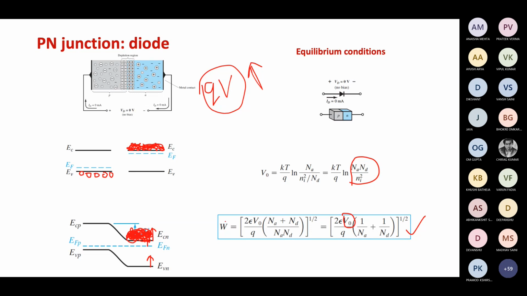In the reverse case, when this applied voltage is positive on N side, which is the reverse bias case, this potential energy of the electron will go down because charge is negative, V is positive. So ultimately it will be a negative number and the potential energy will go down, which will pull these bands down.